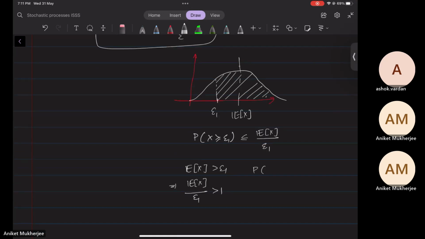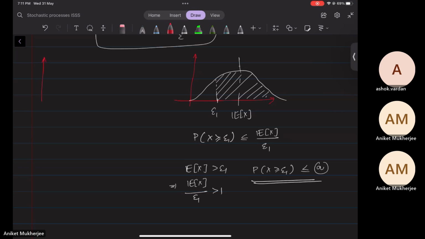So you're saying that probability of x greater than epsilon 1 is less than or equal to something greater than 1. Probability of any event is less than or equal to 1, so this inequality is redundant. You gain no extra information from the Markov inequality. I hope you understood where Markov inequality does not work.